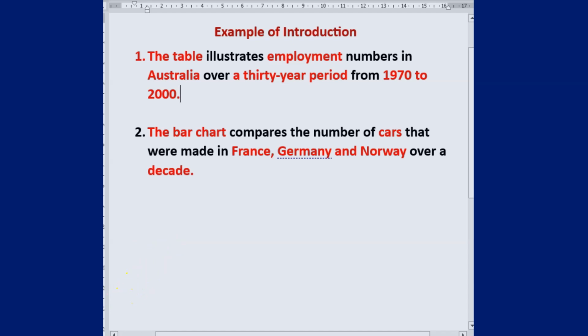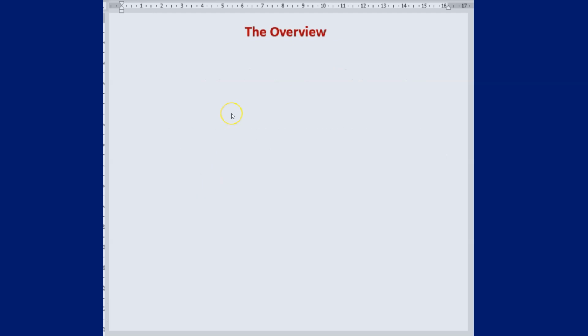Now let's look at the overview and also check on what to do and what not to do based on the marking criteria. So when you take the overview, it is basically a summary. Remember this, when we talk about overview, we are dealing with summary. So the overview in your response should summarize what you see on the visual diagram. So you have to summarize everything.